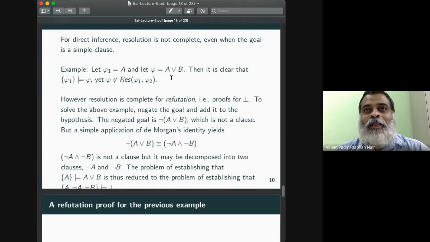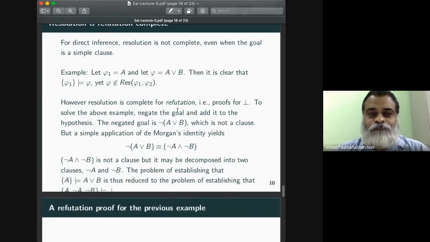Here also, we are taking the same thing. You are saying it is not the case that A or B follows from A, and then you come up with a contradiction, which actually means A or B follows from A. So, for proof by contradiction, or here, resolution by refutation is complete, whereas direct inference resolution is not complete.